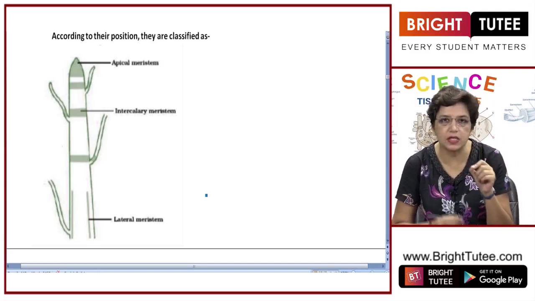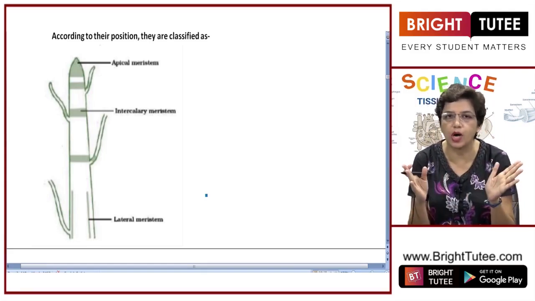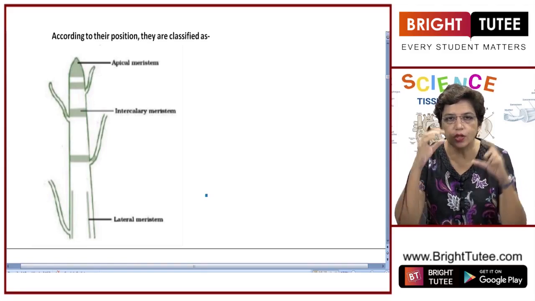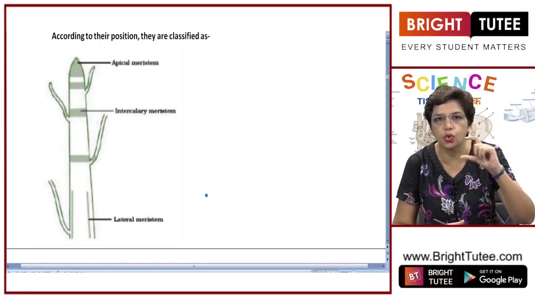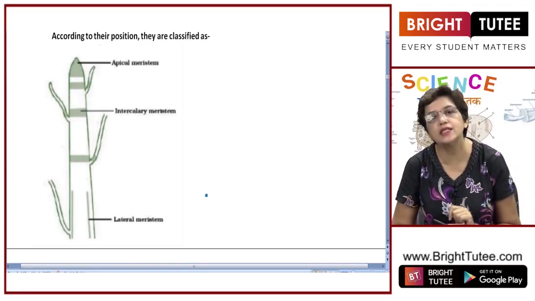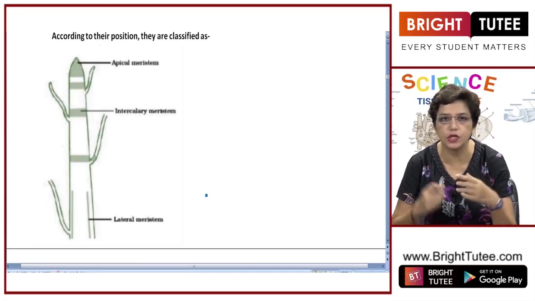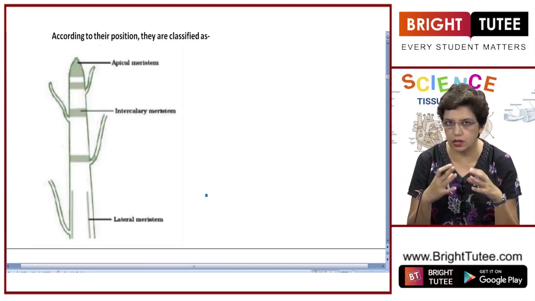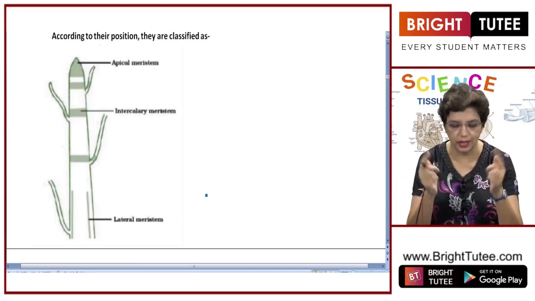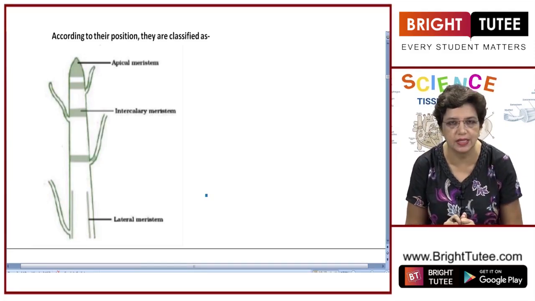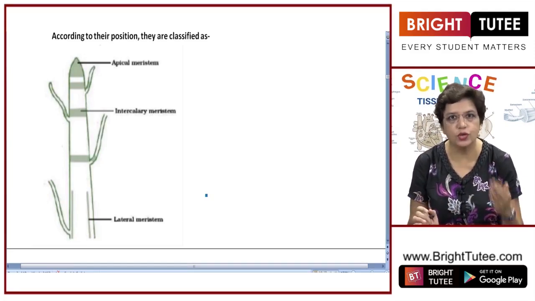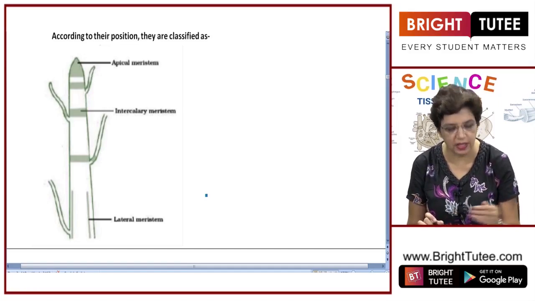Nodes are the places in the stem from which the branches or twigs arise, so the gap between two nodes is called the internode. Intercalary meristem is present in the internodes, and lateral meristem is present in the diameter of the older stems and roots. That is why they are called lateral meristem. So according to their position, they are divided into three categories.